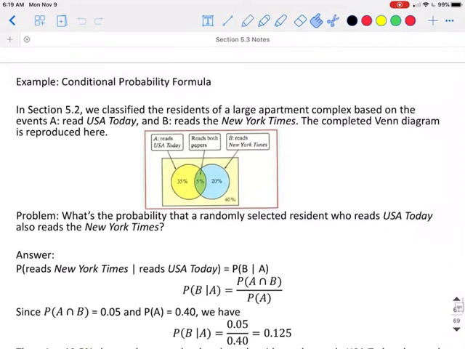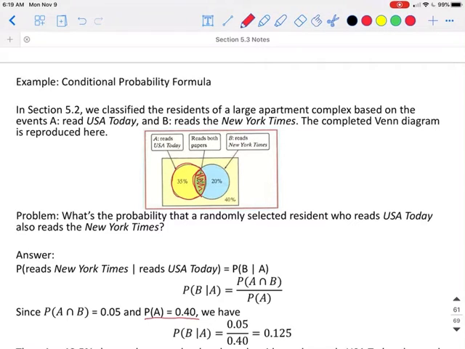Now, we know that the probability that they read USA Today, or the probability of event A, is 40%. All the people in this circle are the ones who read USA Today, so that's 40% of the population. The population that reads USA Today and the New York Times is this part in the center, or that 5%.